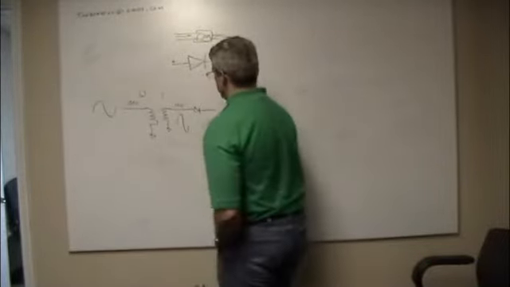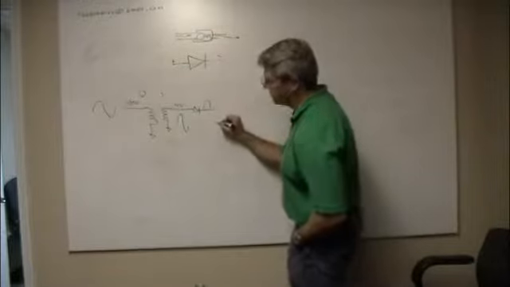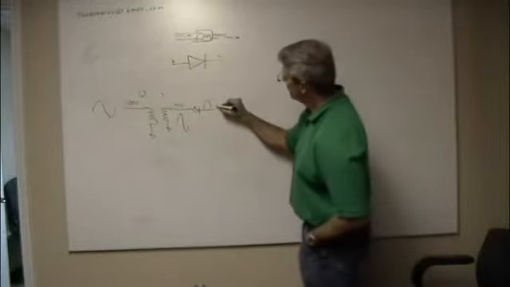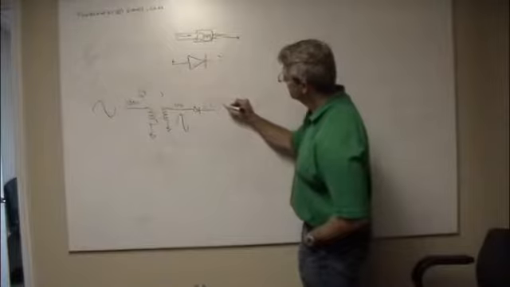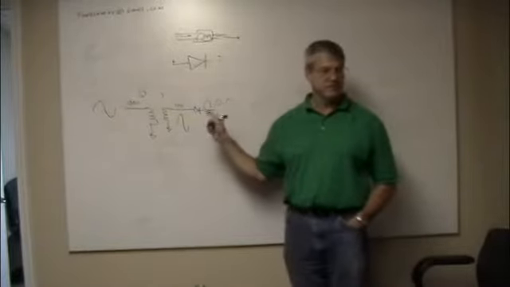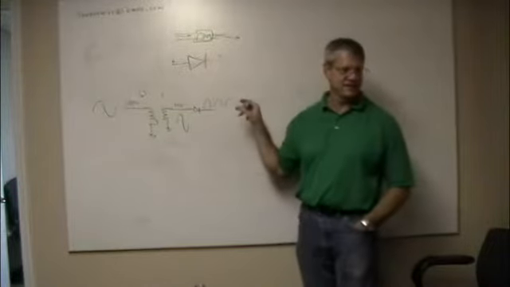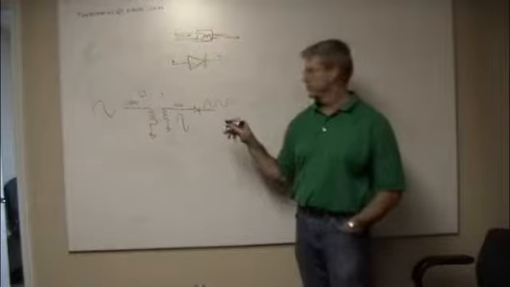On this side of it, when that's positive, it conducts, but when it's negative, it doesn't. So now I get a waveform that looks like this. Now I've got a positive 10 volts coming out of there. Well, a really ripply, nasty looking positive 10 volts.